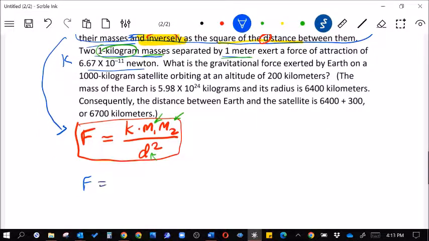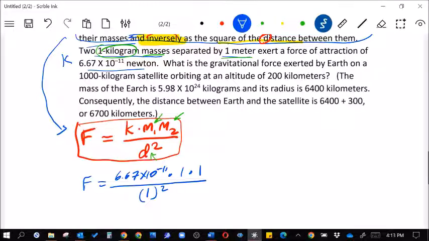Force is equal to 6.67 times 10 to the negative 11th newtons times 1 kilogram times 1 kilogram divided by the distance of 1 meter being squared.